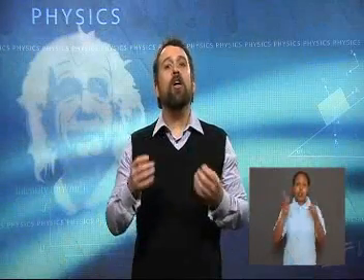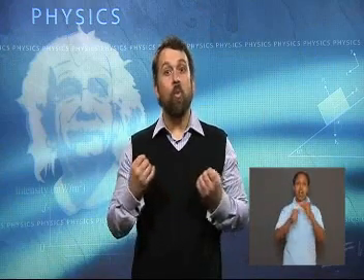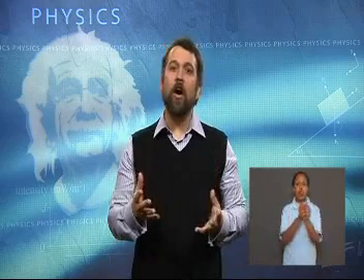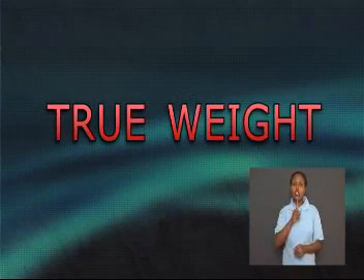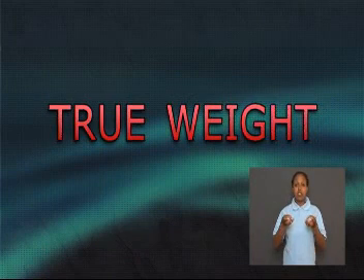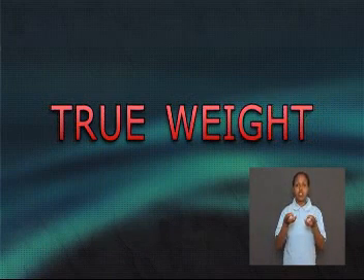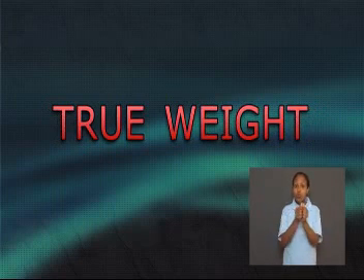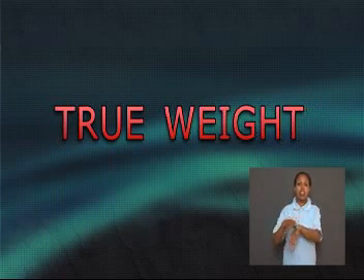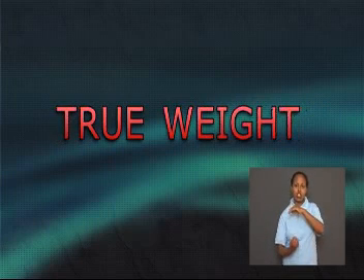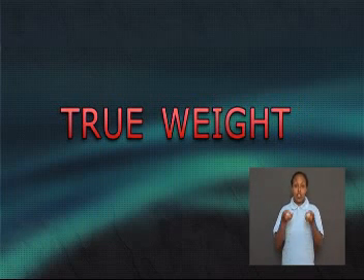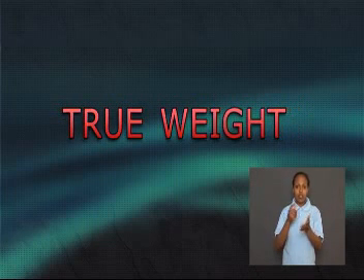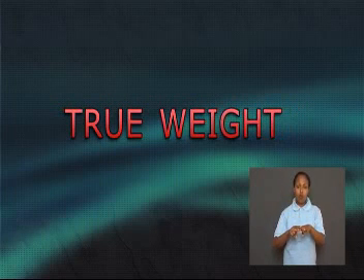When we are talking about weight with regards to Archimedes' principle, an object's true weight is its weight with respect to the earth and the earth's gravitational pull. This is the weight something would have if it were put on a scale.